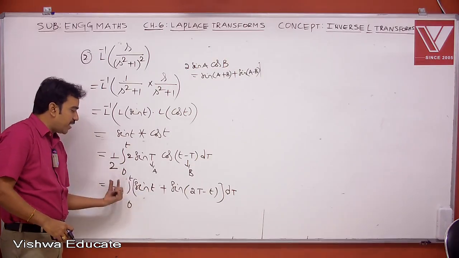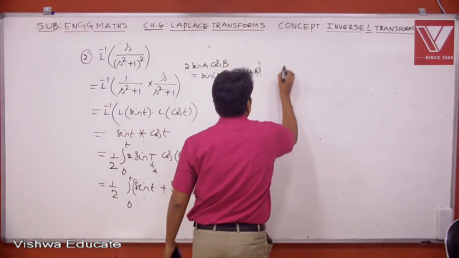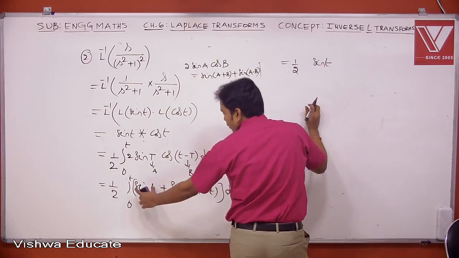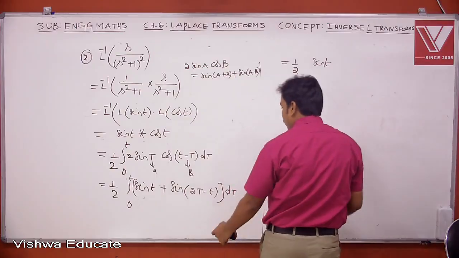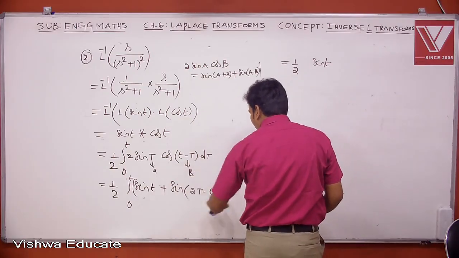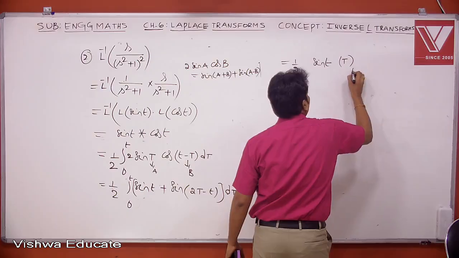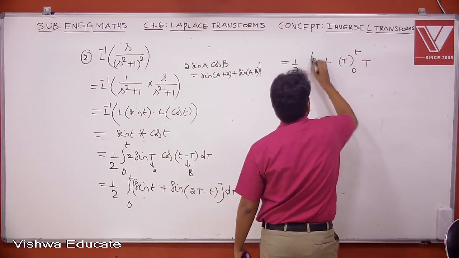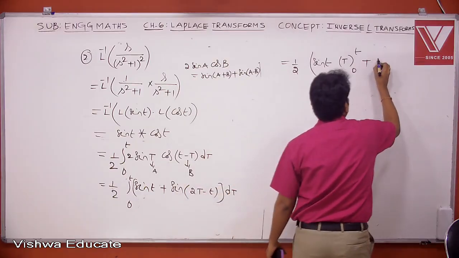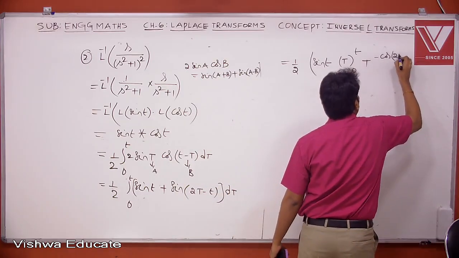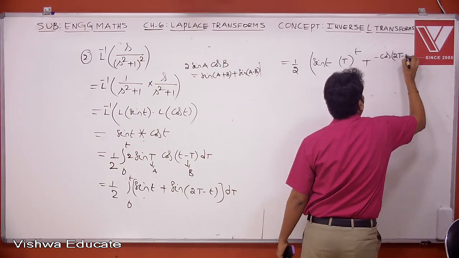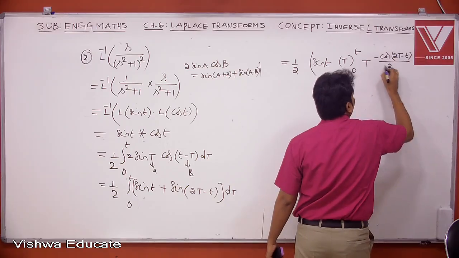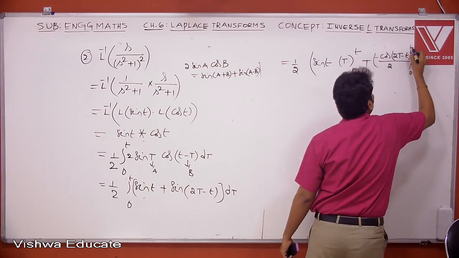So sin t can be taken before the integral. Therefore this value is 1 by 2 into sin t, into integral 1 dT, which is T, with limits from 0 to t, plus integral of sin, which is minus cos, so minus of cos of 2T minus t divided by the derivative of this with respect to T, which is 2. Limits are from 0 to t.